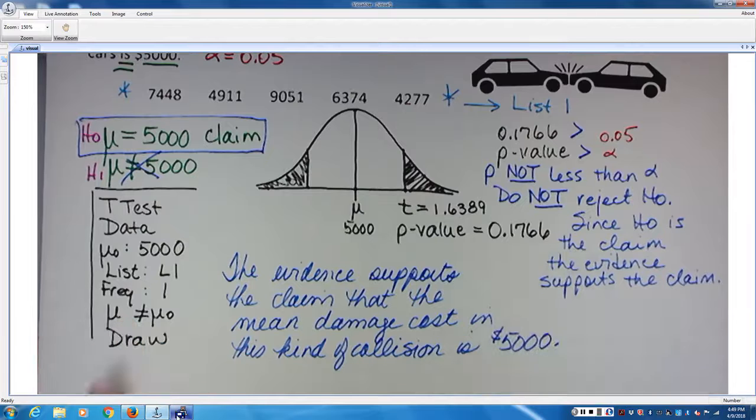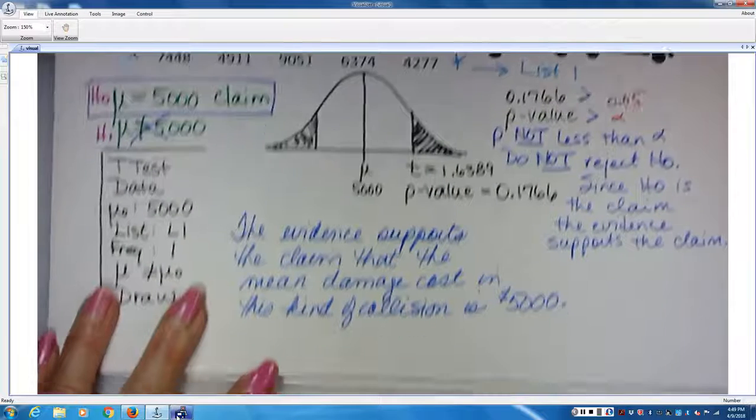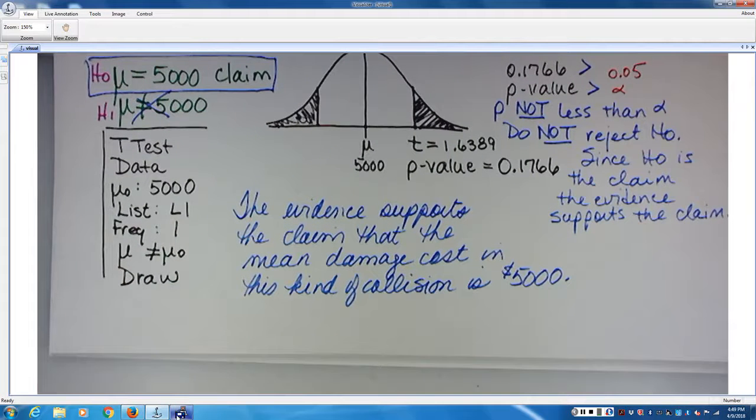So the evidence supports the claim that the mean damage cost in this kind of collision is $5,000.